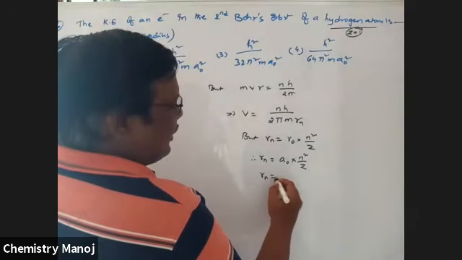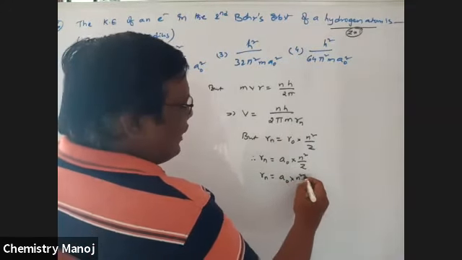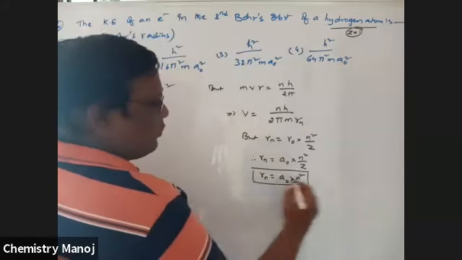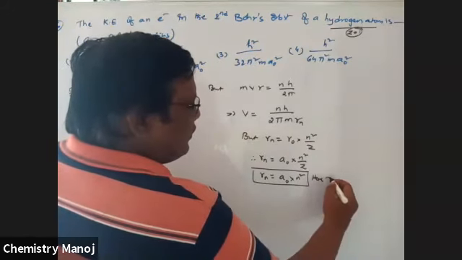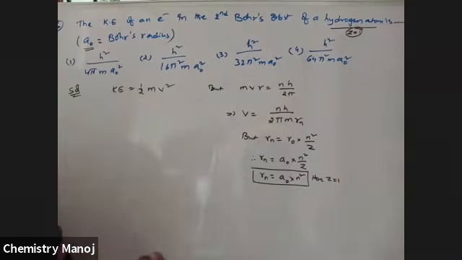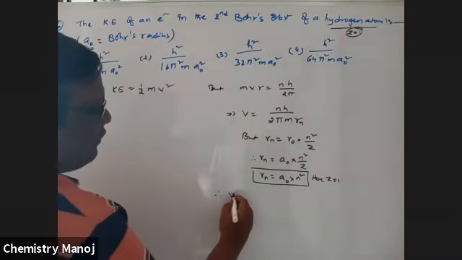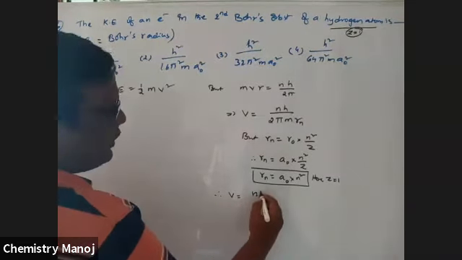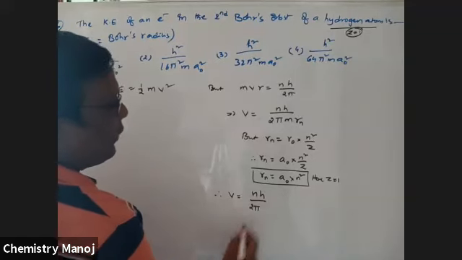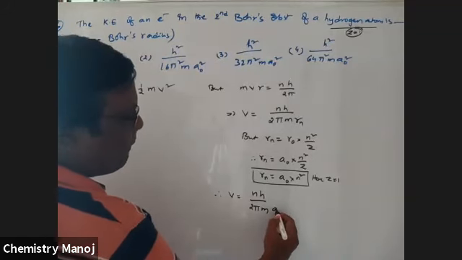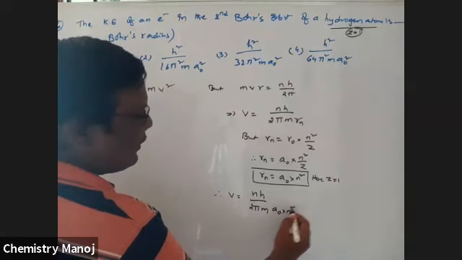Therefore, the radius of the nth orbit is equal to a naught into n square. Substitute that value. Therefore, v is equal to nh by 2 pi m a naught n square.